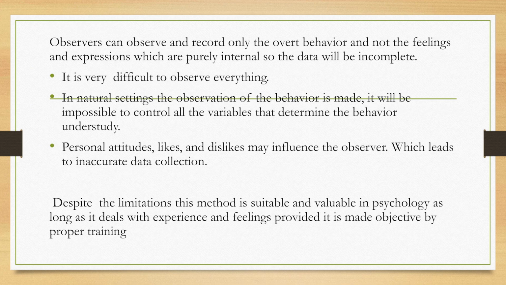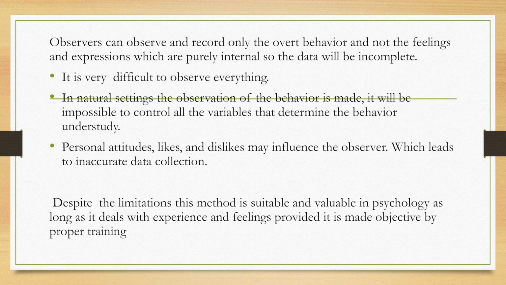Next, in this observation method, the observer can observe or record only the overt behavior and not the feelings and expressions which are purely internal. So, the data will be incomplete. It is very difficult to observe everything.